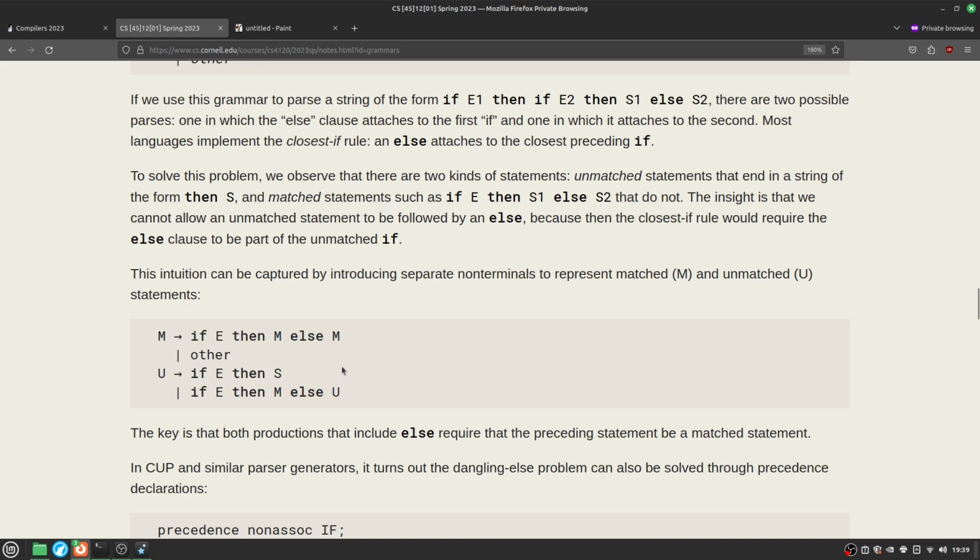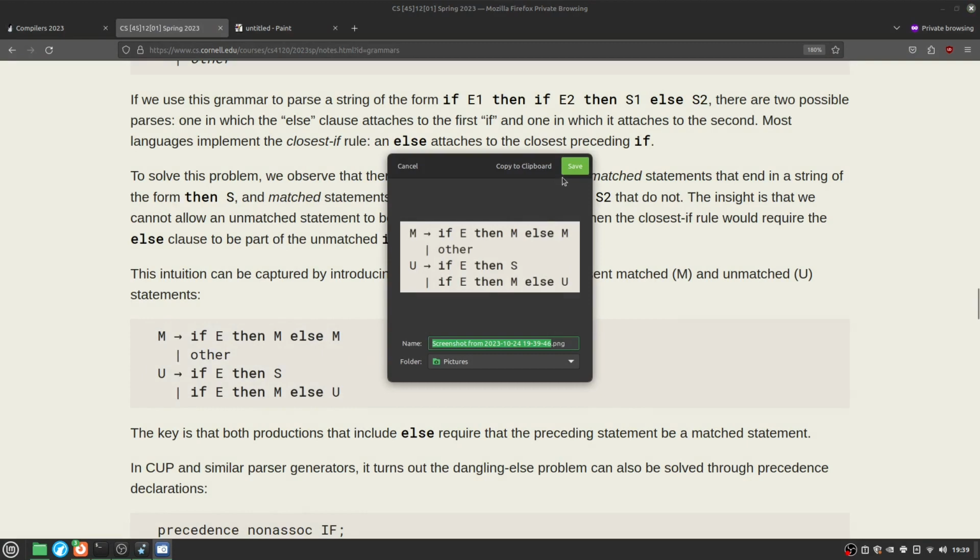Let's try and draw this out. Try and understand what they're saying here.